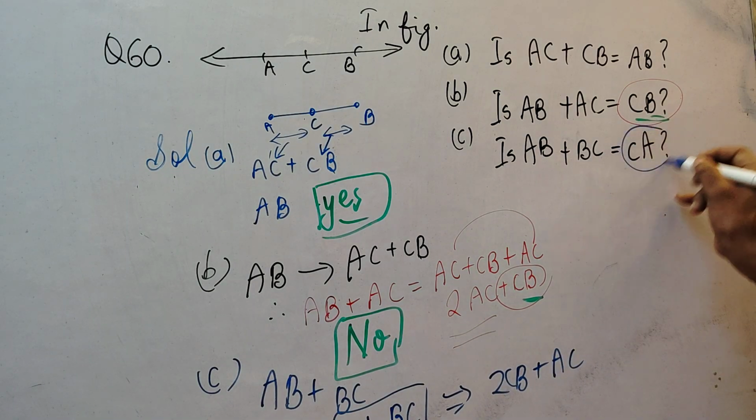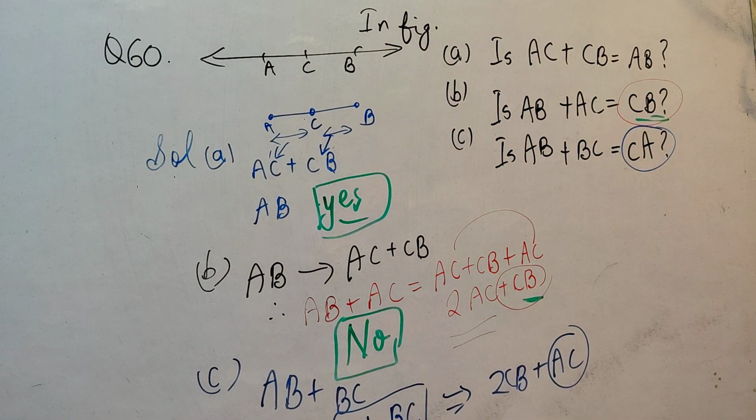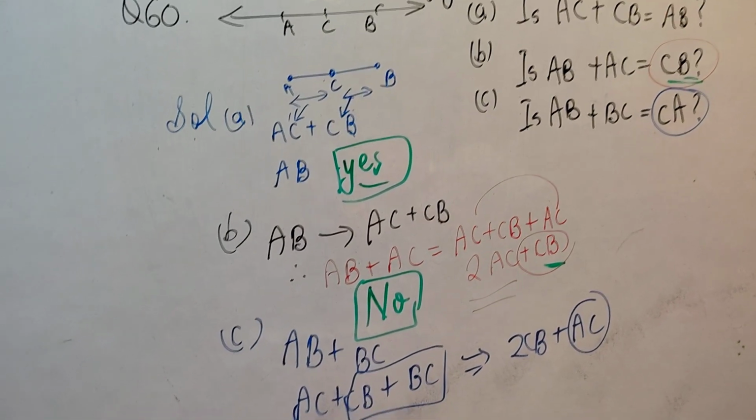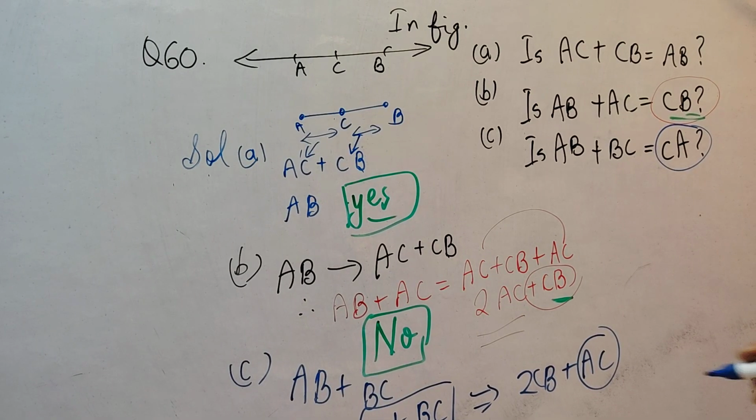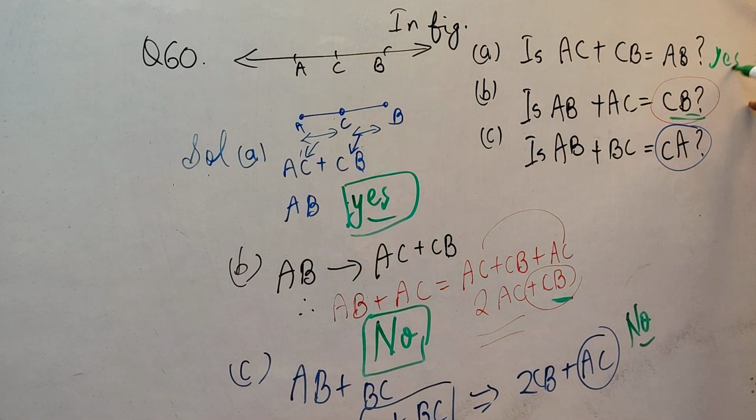So it is not CA, it is CA plus twice CB. So it is also false. No, it is not true. So the first one is true, yes. The second one is no. The third one is no.